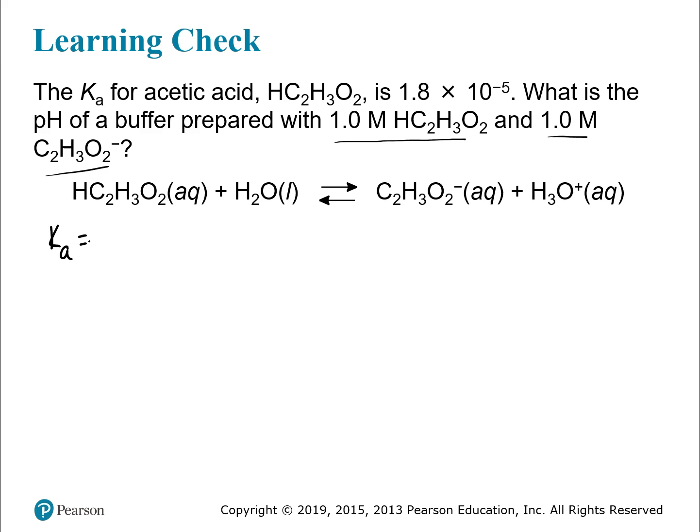The Ka, we're looking at the products, only the things that are aqueous, over the reactants, again, only the things that are aqueous. So we see the water, but we don't care about it for our equation.